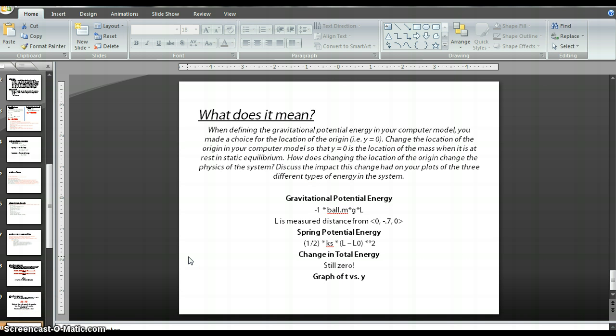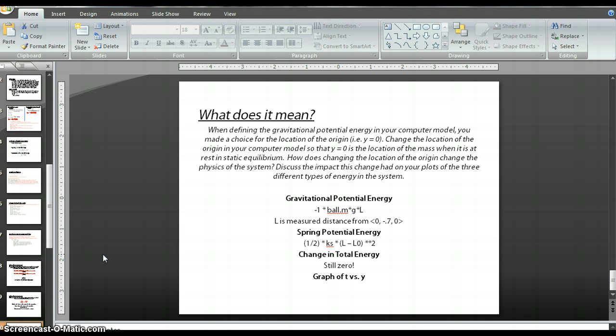And then the last question asked us about changing the position to be where the ball is initially, or where the ball is in static equilibrium, and how that change affects the graphs of the energies. Well, the formulas are still the same, except now L is the distance between the y position of the mass and -0.7, which is where the mass is at static equilibrium.